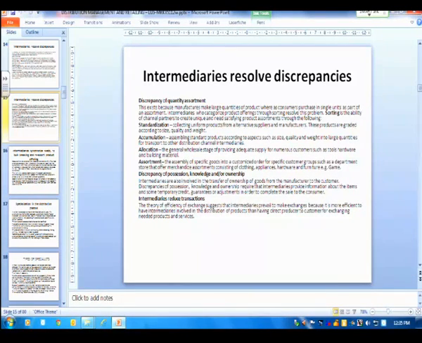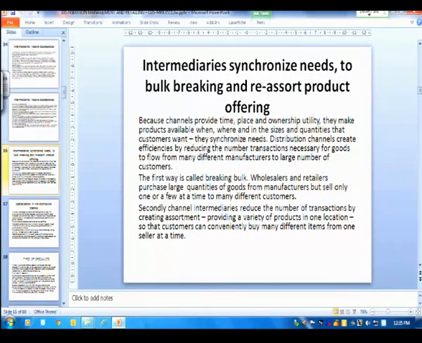The theory of efficiency of exchange suggests that intermediaries prevail to make exchanges because it is more efficient to have intermediaries involved in the distribution of products than having different producers sell to customers for exchanging needed products and services. Let's look at the next heading.